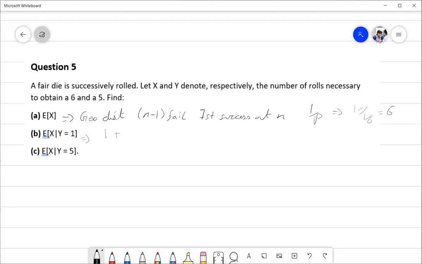Because the same case applies, it's a geometric distribution, I can denote this as 1 plus x, because I don't care what happened before. The probability will still be the same, so all I have to figure out is the expectation for x.